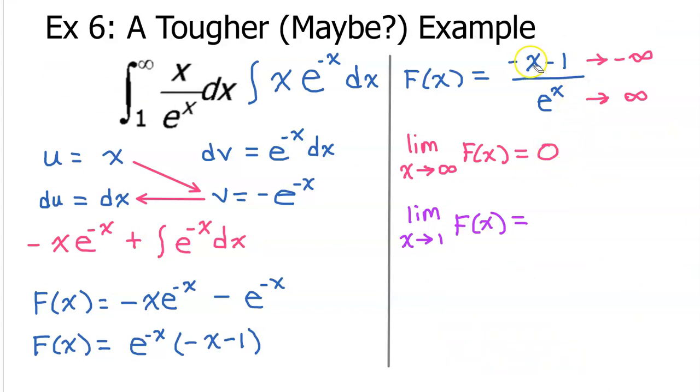Alternatively, since the numerator and the denominator are both approaching infinity, we could use L'Hopital's rule, which says that we can take the derivative of the numerator and the denominator without changing the limit. So in this case, the derivative of the numerator is negative 1, and the derivative of e to the x is still e to the x.